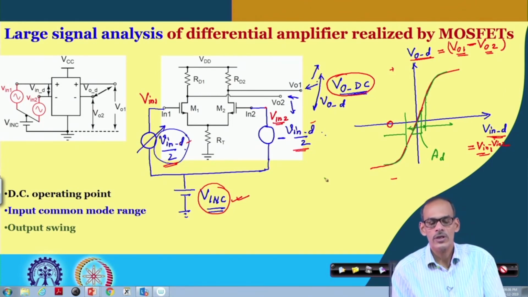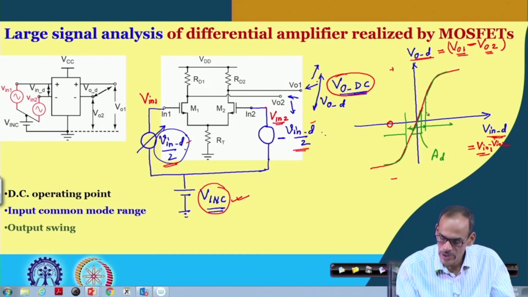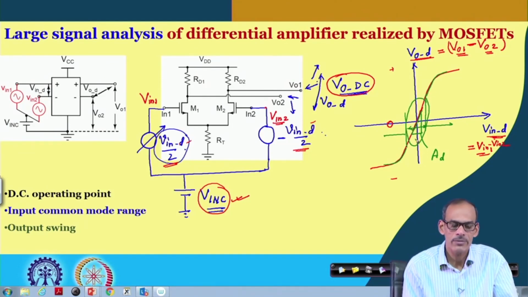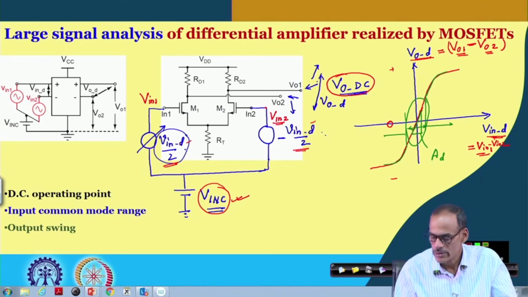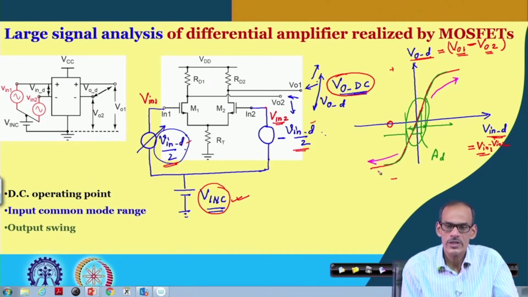If we restrict the operation within this linear range, it can be treated as a good amplifier having good linearity between input and output. But once we go for some other application where the circuit enters the saturated situation, it also has some application, but the circuit will not be called a linear circuit. In fact, then the circuit becomes like a comparator.